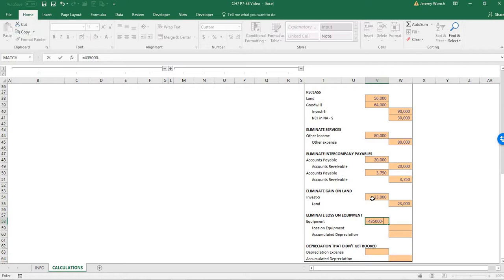Now the parent bought it for $250,000, so it's on the parent's books for $250,000. So we just need to book that difference. And so then there was a loss related to that equipment, which we already calculated up above at $40,000. Actually, let me just punch in the formula. So we had a carrying value of $290,000, and it was sold for $250,000. So we had a loss of $40,000.